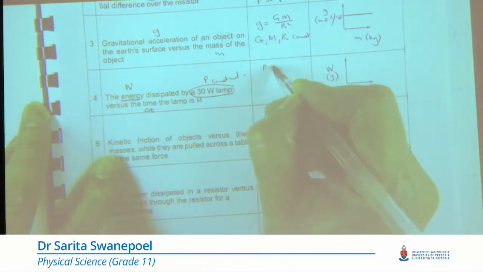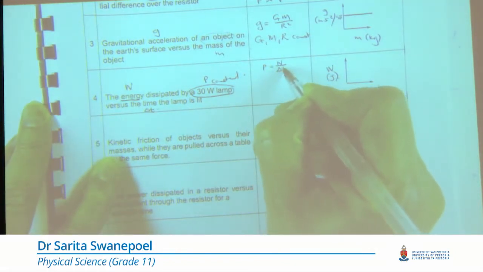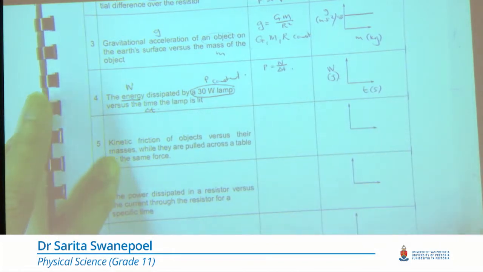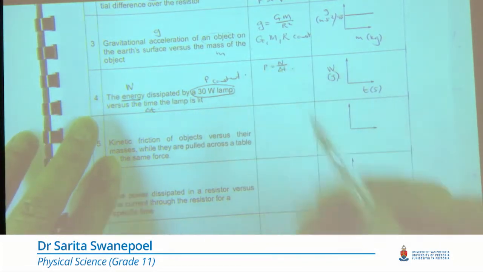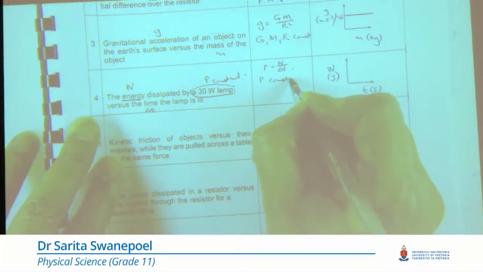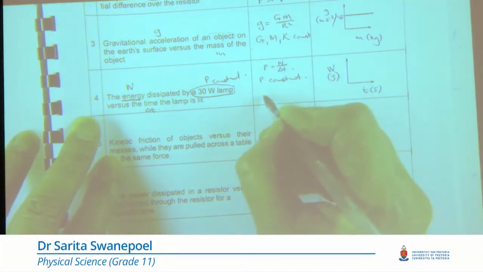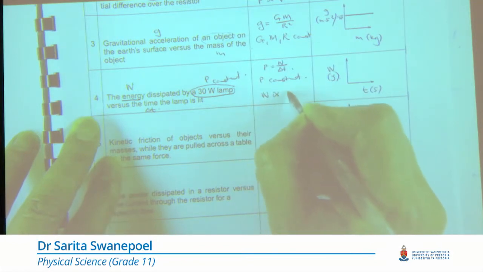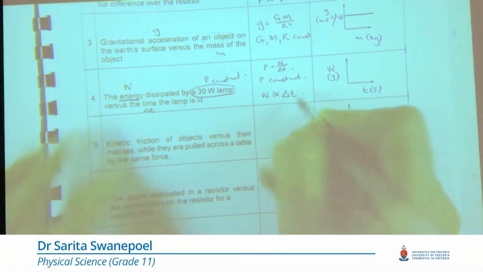You get P equals W over delta t, and we want to draw W and delta t. They've already told us that P is a constant. So what is the relationship between W and delta t? They are directly proportional.